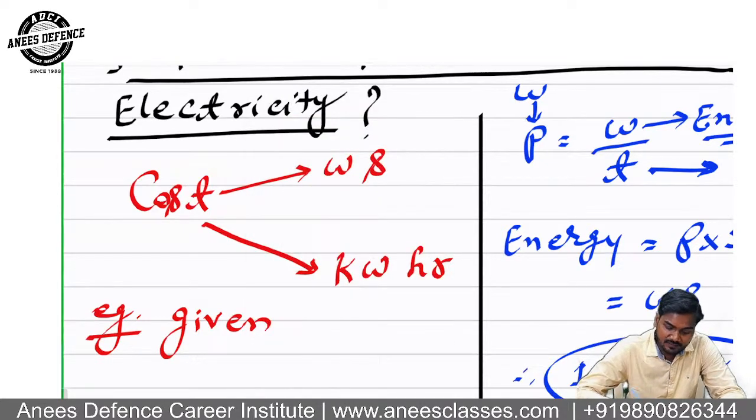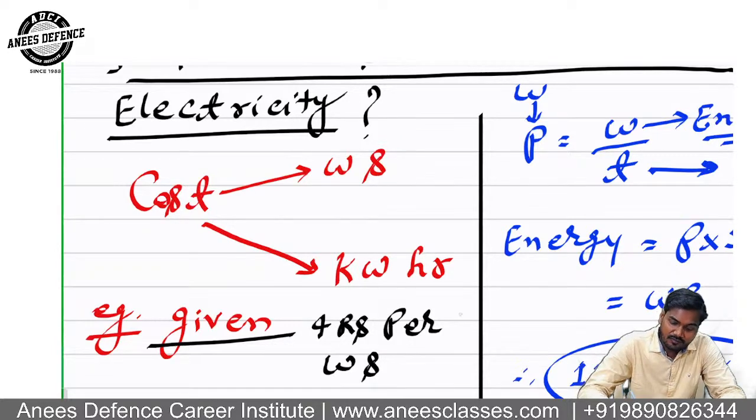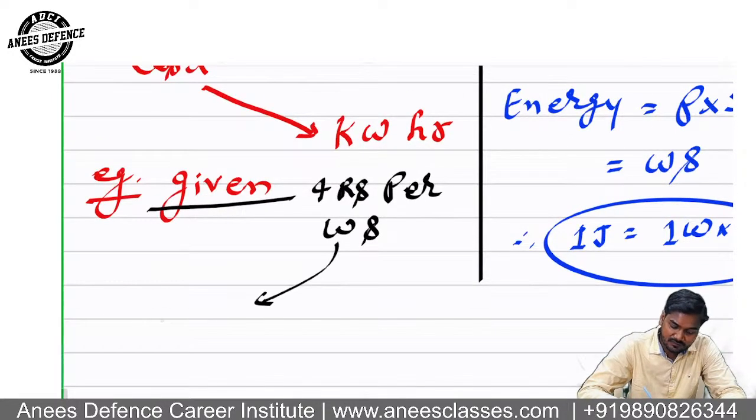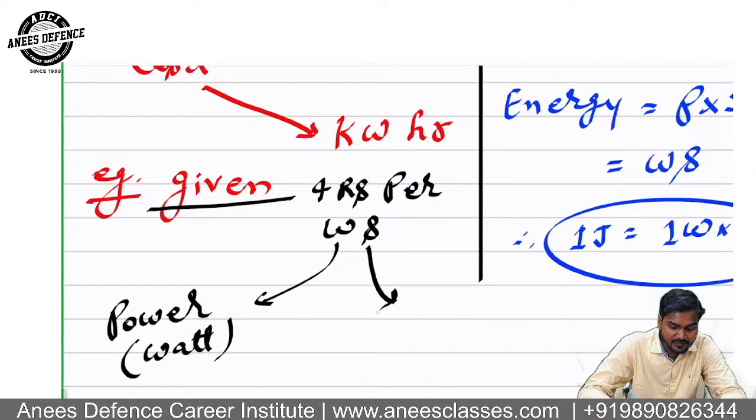If it is given as 4 rupees per watt second, it means power should be in watt and time should be in second.